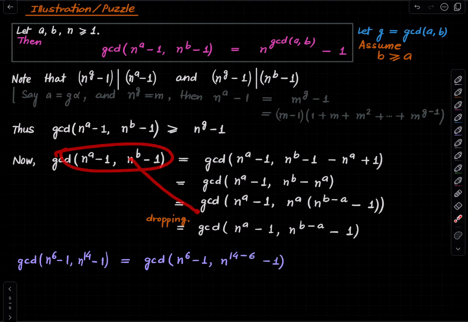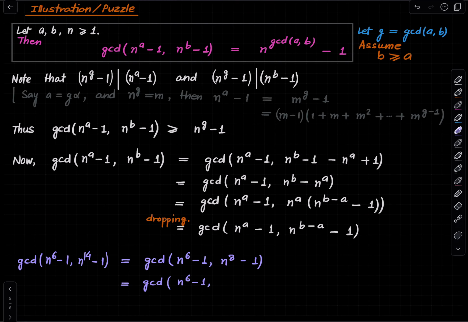That's what this equation gives us immediately. But 14 minus 6 is what? 14 minus 6 is 8. Now, one more step of this reasoning gives us that this is GCD of that, correct?